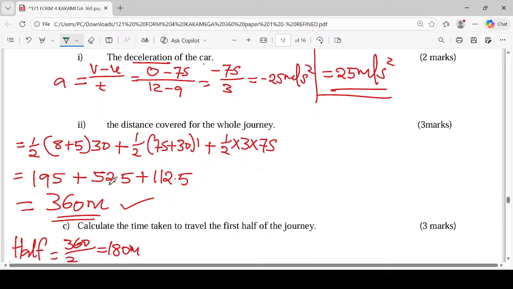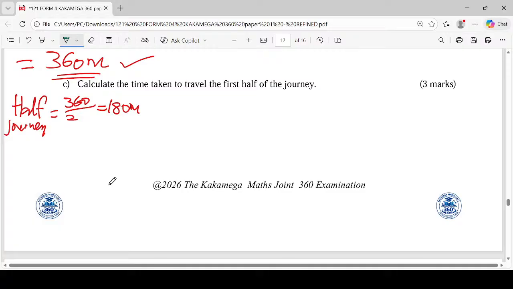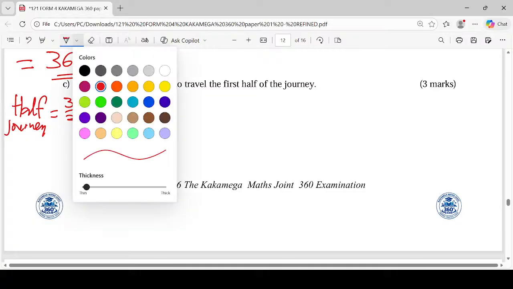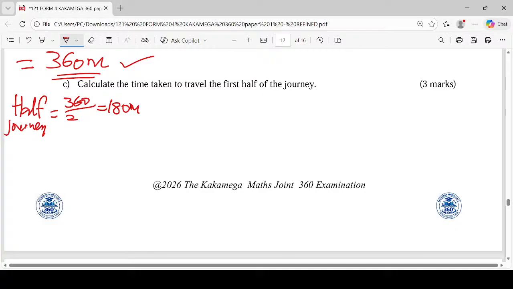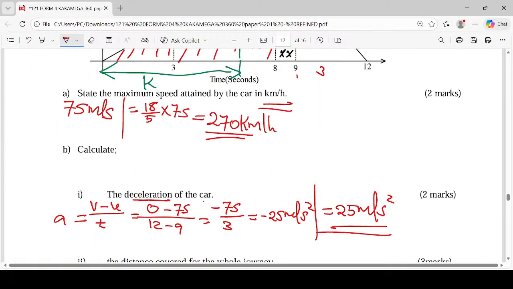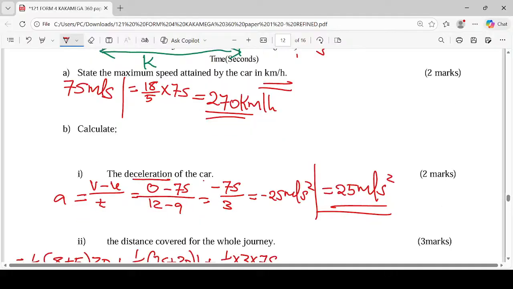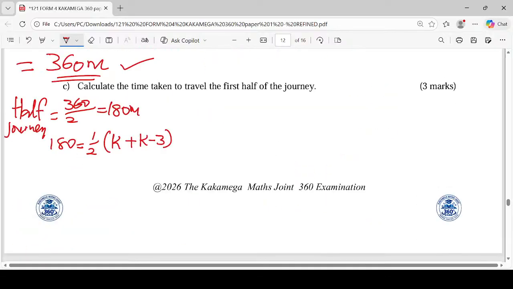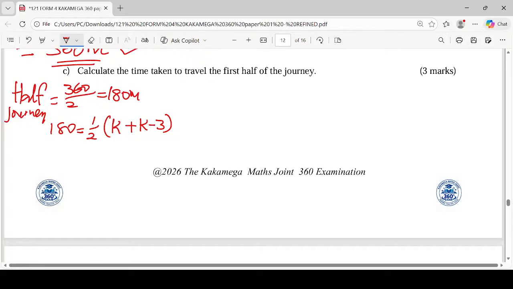So we are going to apply the formula: that distance, which is now 180 here, should be given by a half into A. Our first A will be k, plus B, which will be k minus 3, times H. Our height here from the question is 30. So you multiply this by 30.